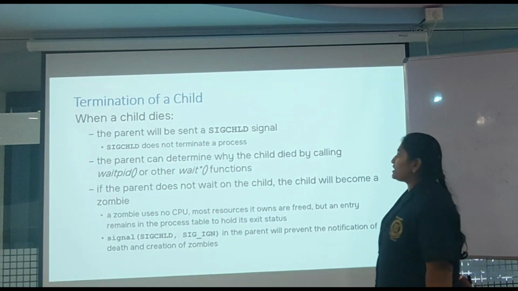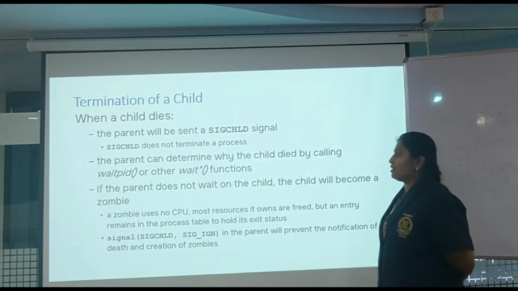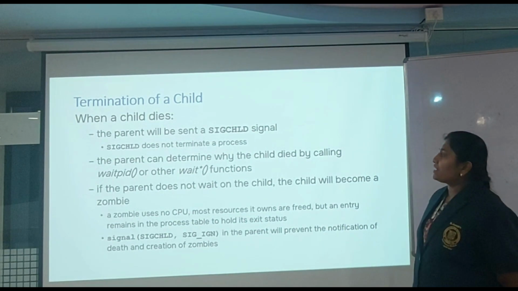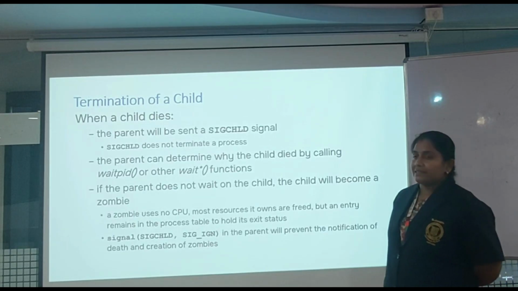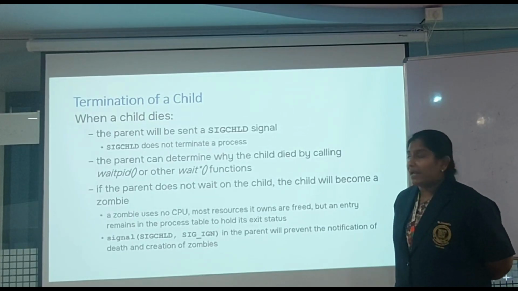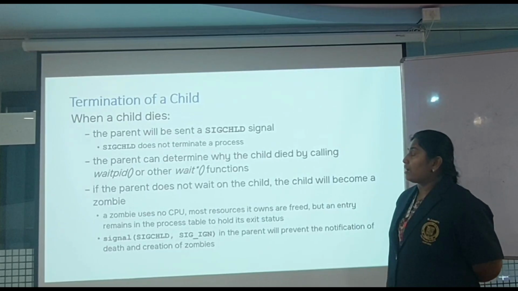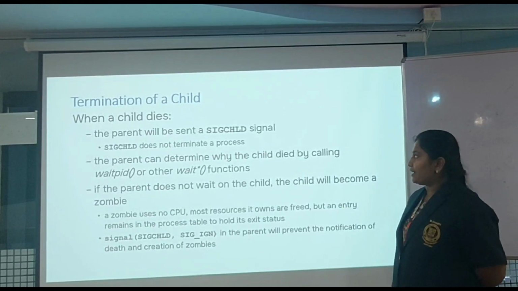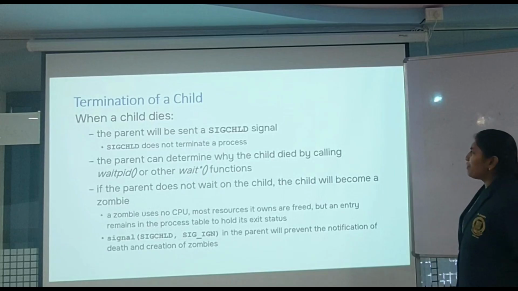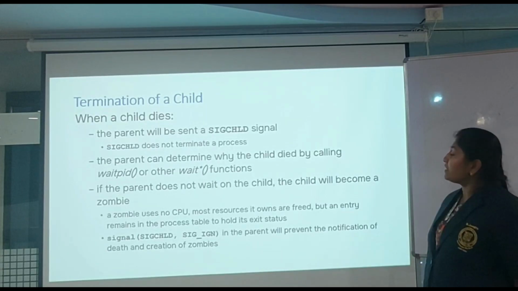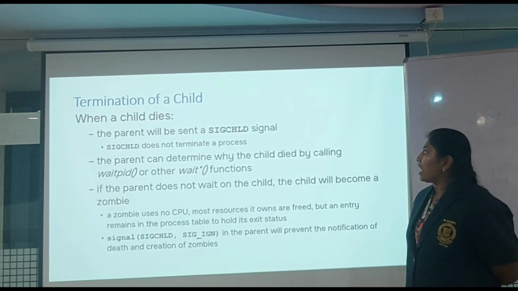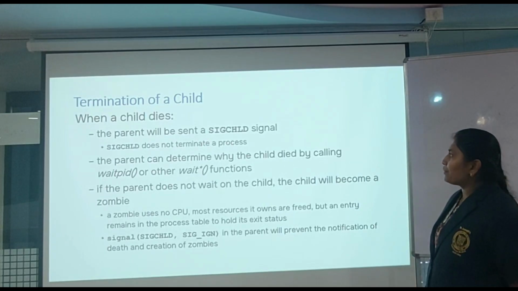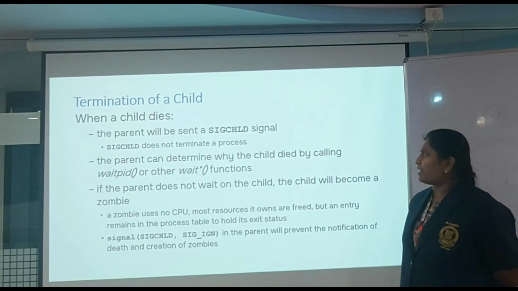So, termination of a child, the first case. When a child dies, there is a parent and there is a child. The parent will be sent a signal called SIGCHLD, and SIGCHLD does not terminate the process.